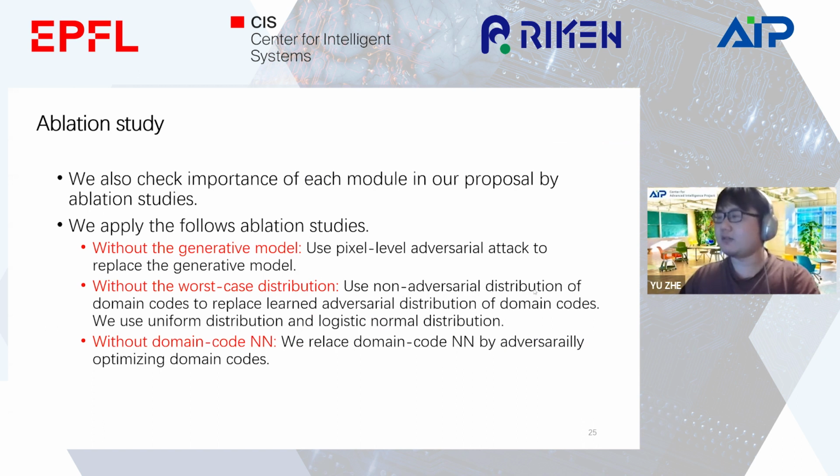We use non-adversarial distributions of the domain code to replace the learned adversarial distribution of the domain codes. So here we use two distributions. One is the uniform distribution on the simplex. One is the logistic normal distribution. And third, we test what happens if we do not use a domain code NN. We replace the domain code NN by adversarially optimizing the domain code directly, kind of like adversarial attack, adversarial training.